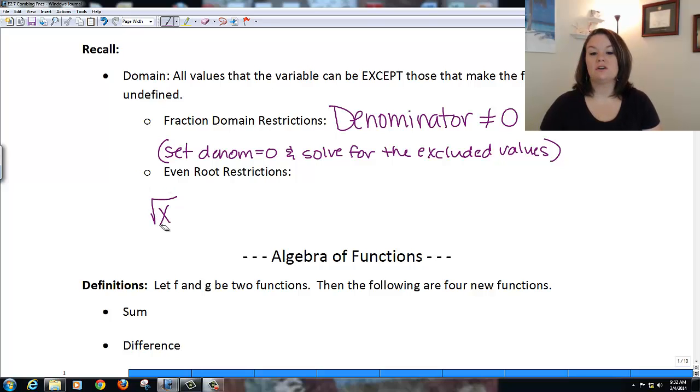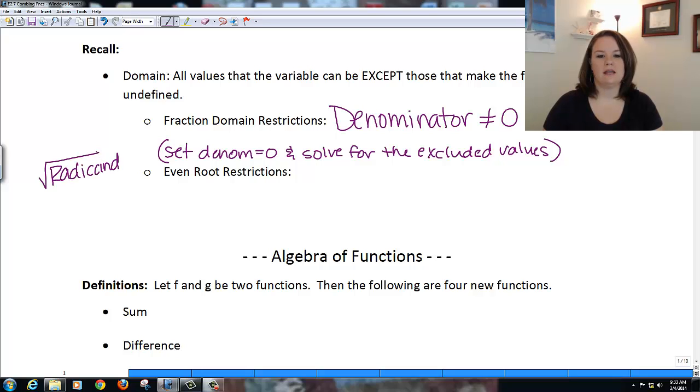So to make sure that whatever's underneath here stays positive, we're going to set it greater than or equal to 0, because it can be 0 or it can be positive, but it can't be negative. One thing I do want to note is that whatever is underneath the square root is called the radicand. Everything under the radical is called the radicand. So to find even root restrictions, we're going to set the radicand greater than or equal to 0.